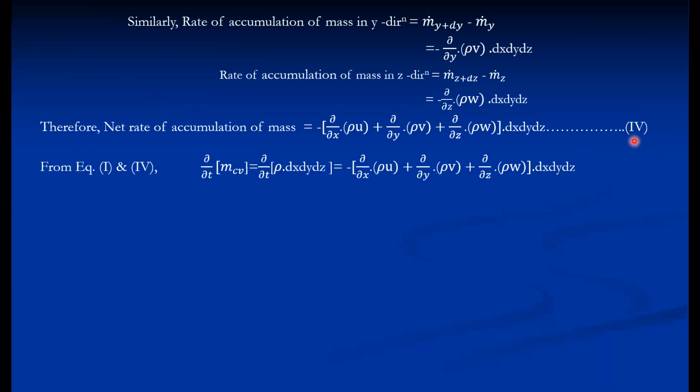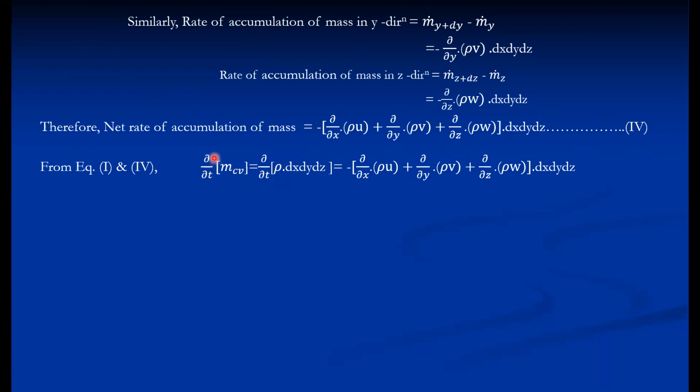Now from equations 1 and 4: instead of m cv, which is only mass, and mass is nothing but rho into volume, and the volume of the cube or control volume is dx dy dz, we can put rho into dx dy dz.